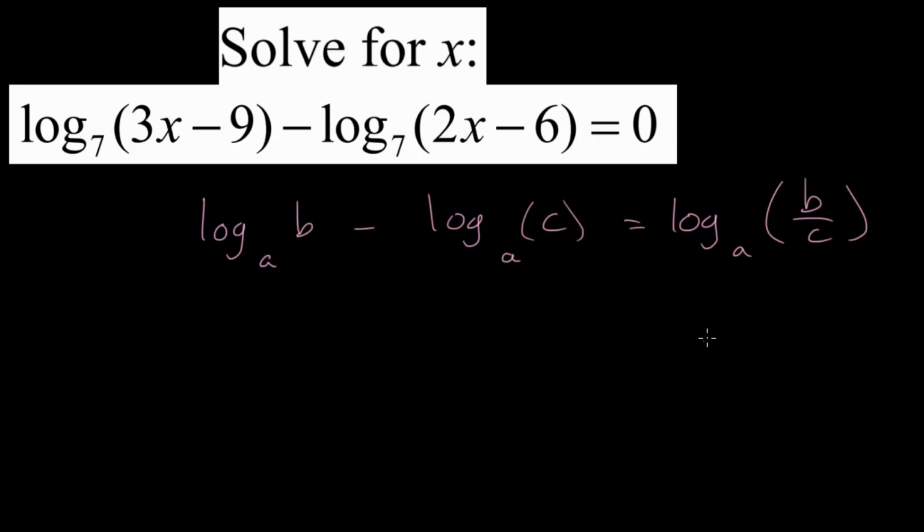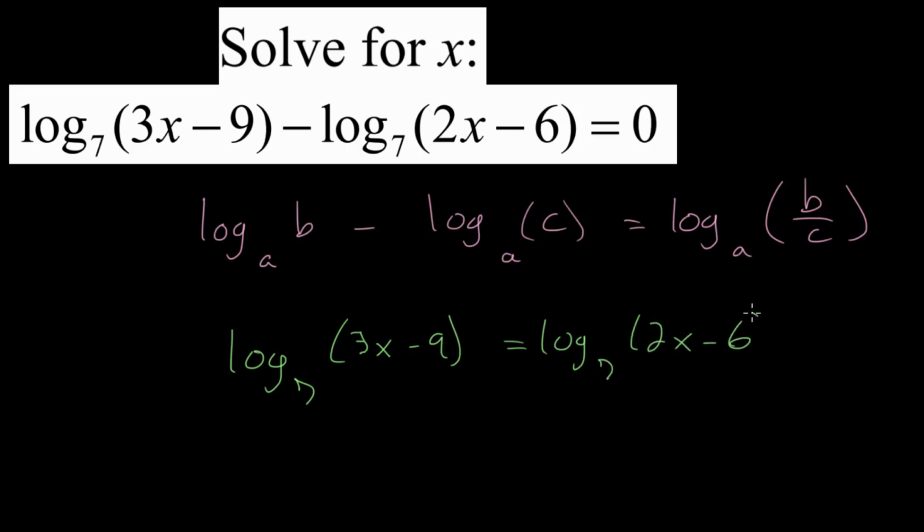So that's one approach. The other approach is just to add this expression to the other side so that we get log base 7 of 3x minus 9 is equal to log base 7 of 2x minus 6.